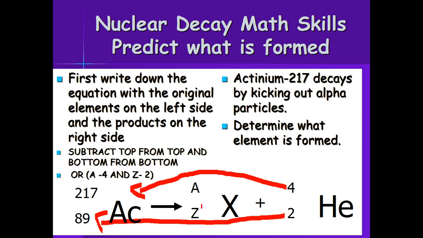My new element is going to have 87 protons. I'm going to subtract 4 from that: 217, 16, 15, 14, 213. So this new one will have 213 here.